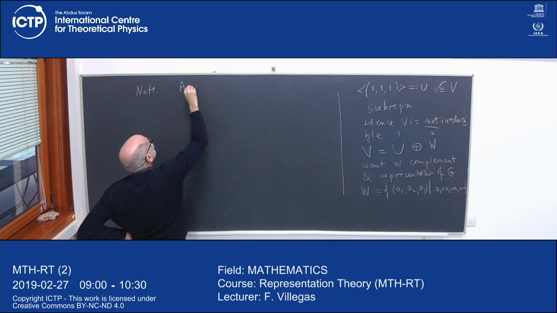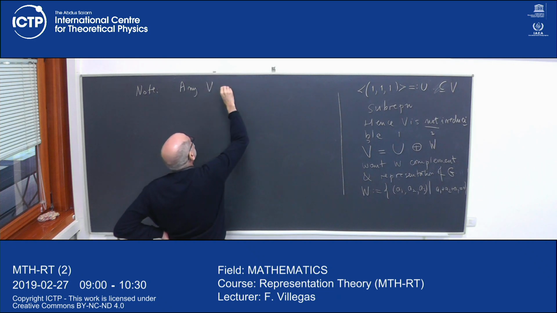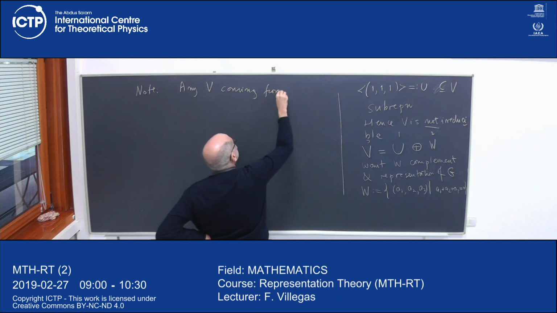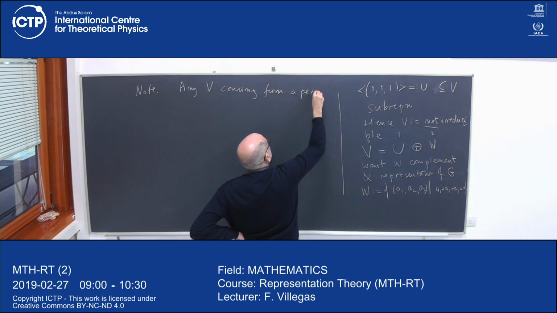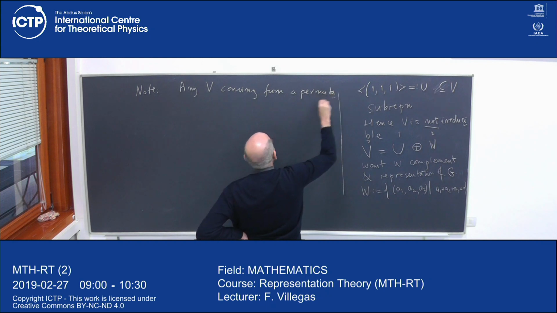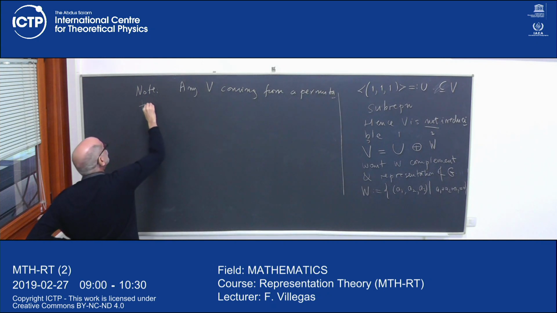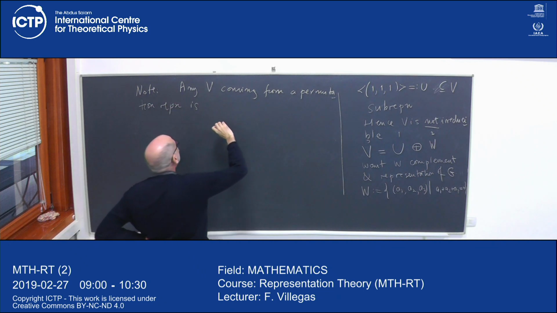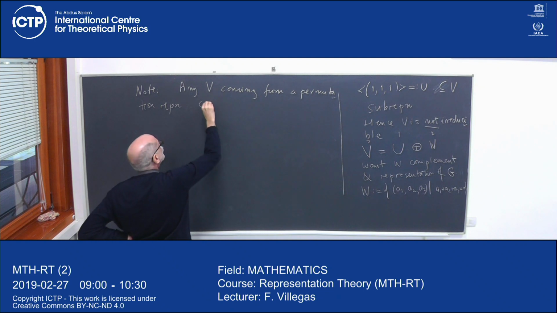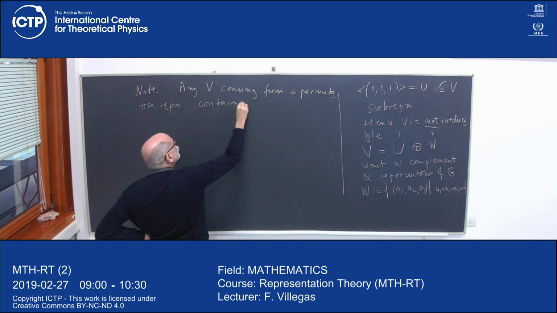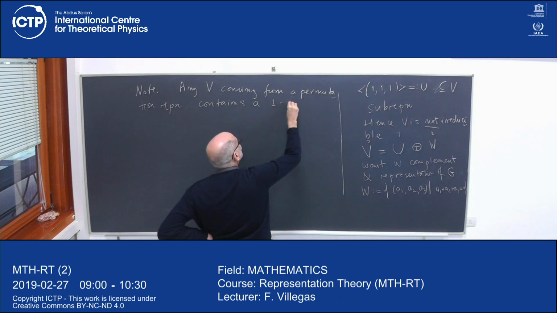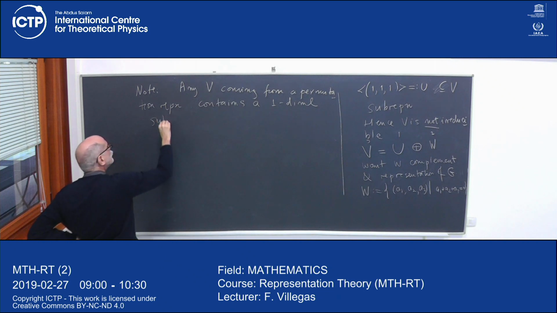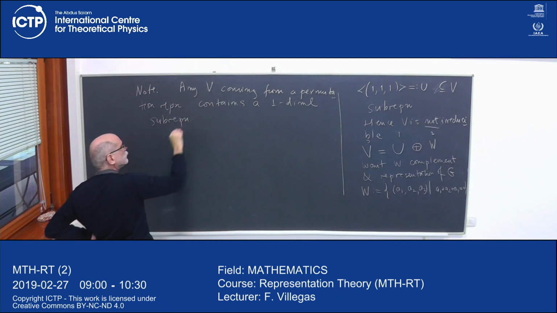So any V coming from a permutation representation, as the one we are looking at, contains a one-dimensional subrepresentation, like our U.